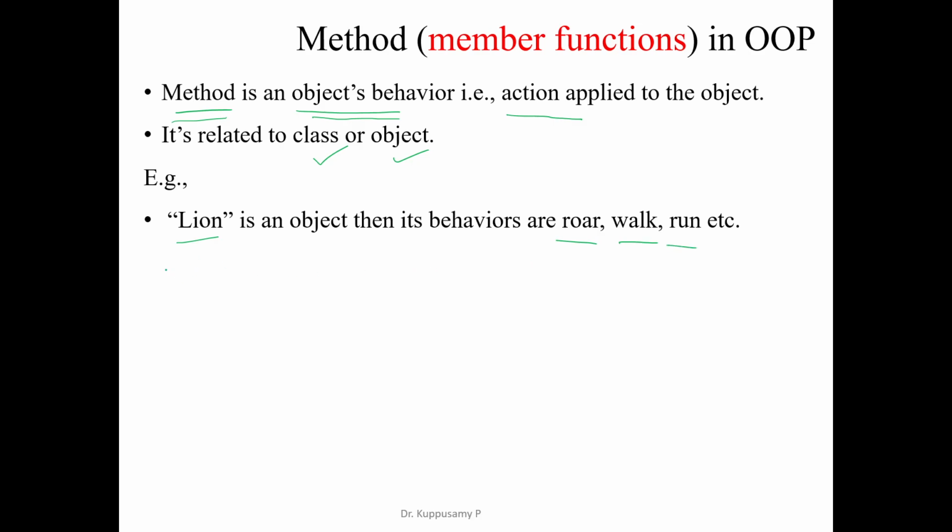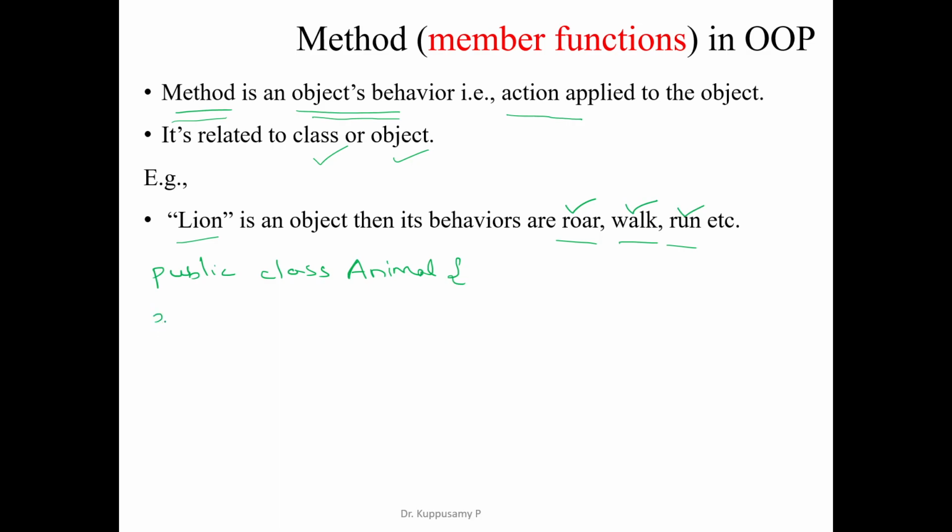So again you can write your code: public class Lion, an animal class, open braces. Then you can define the methods to define the behavior roaring, walking, and running. First, the behavior roaring.